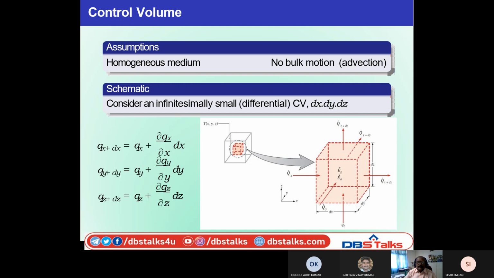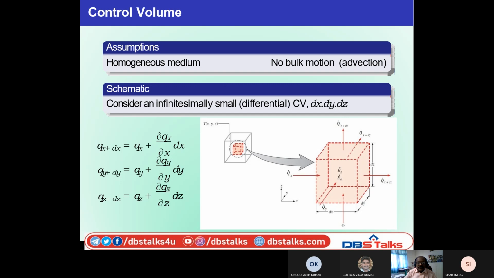So we should take a differential element of dimensions dx, dy, dz. This is a small element at a distance x, y, and z from the origin.